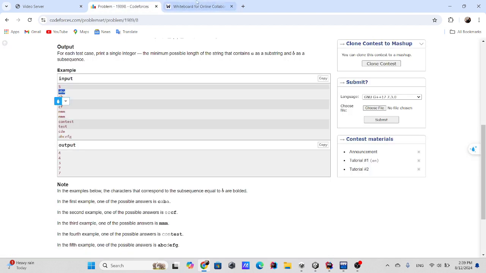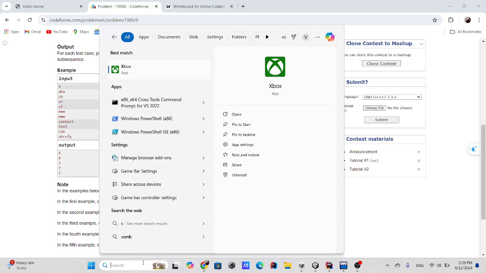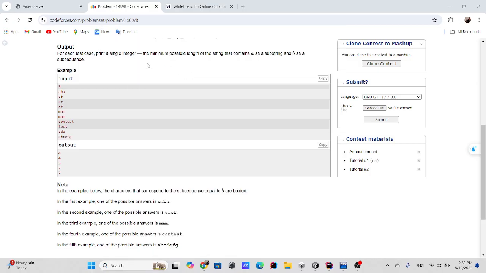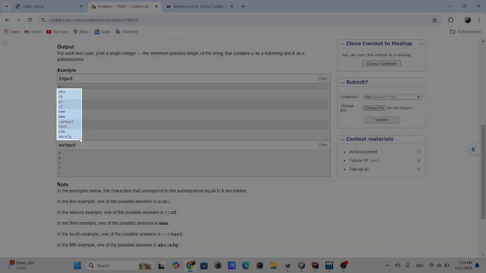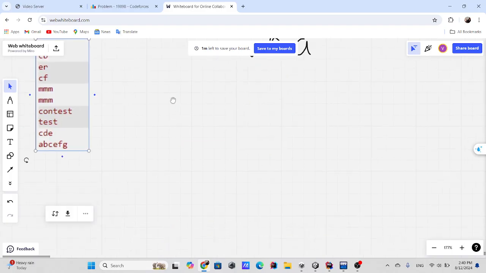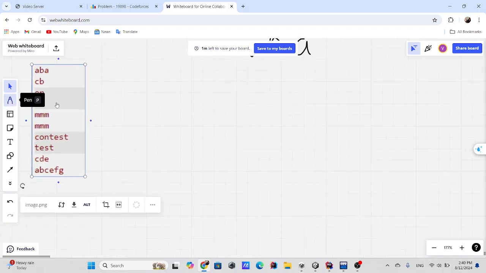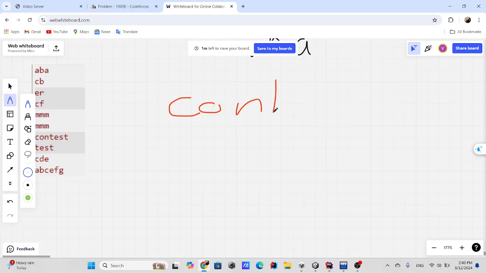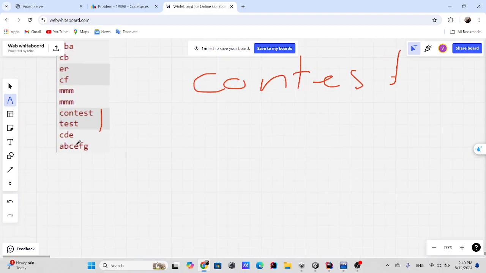ABA, and yeah, let's take another test case in order to test it. Copy it down, paste it here. Okay, let's see if I can get it correct. Okay, no, there's nothing to be, yeah, how about this one? CDE, right? And CE here.